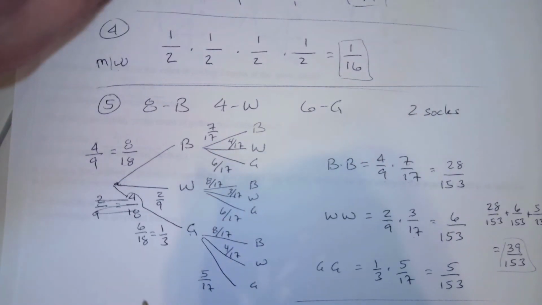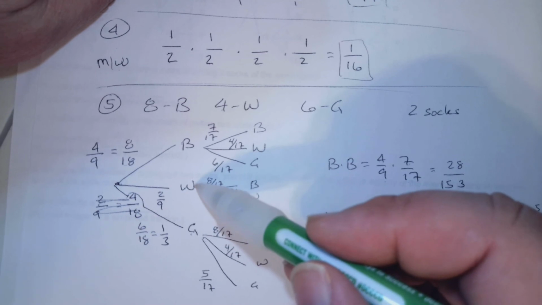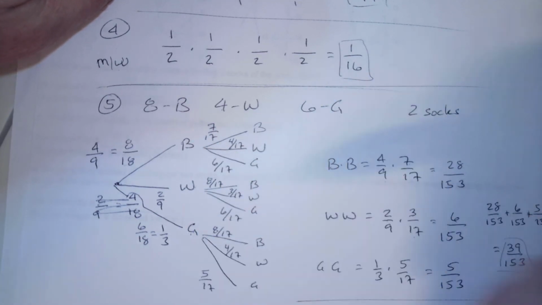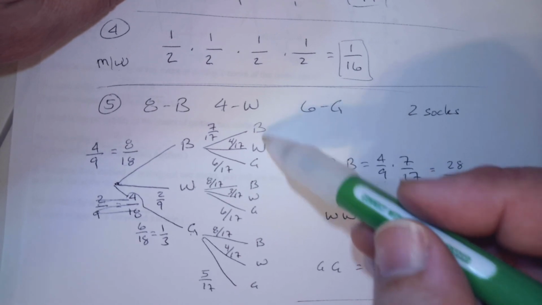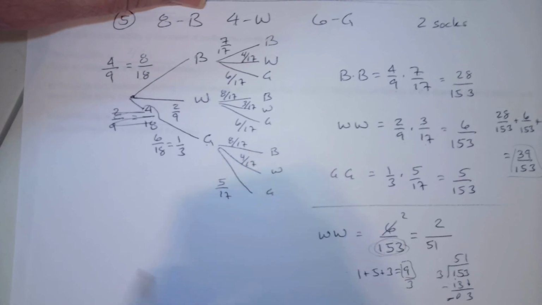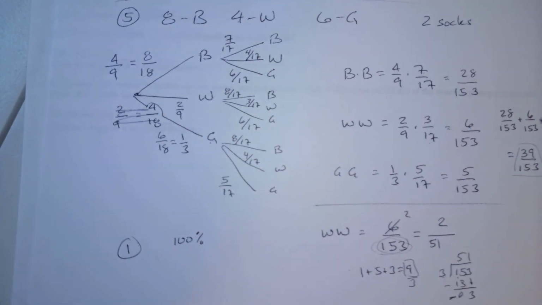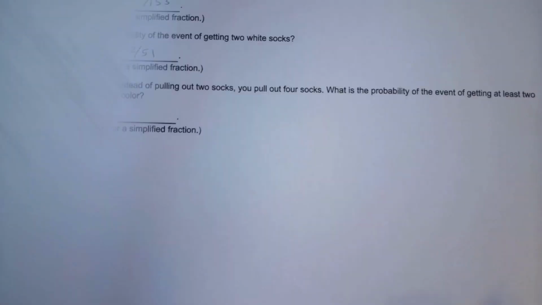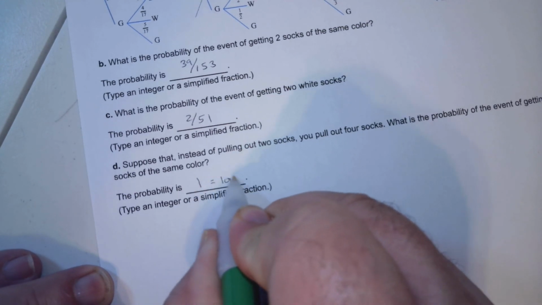If you draw 4 socks, the first possibility could be any one of these, blue, white, green, or gray. And the next one has to be blue, white, or gray. So you'll be sure to get any of those. So it's 100%. So the probability is 1 or 100%.